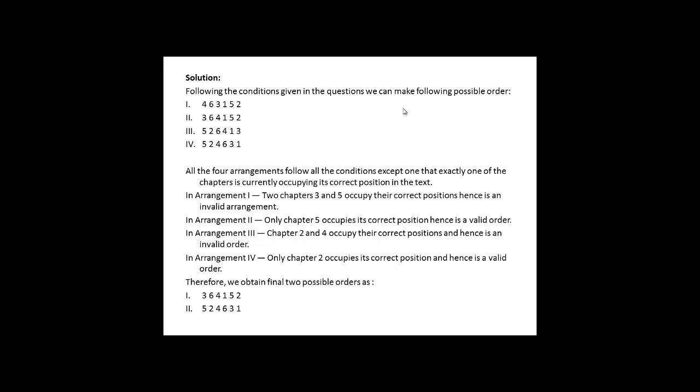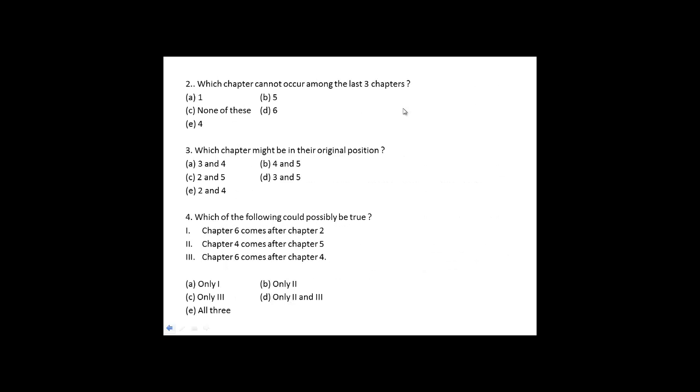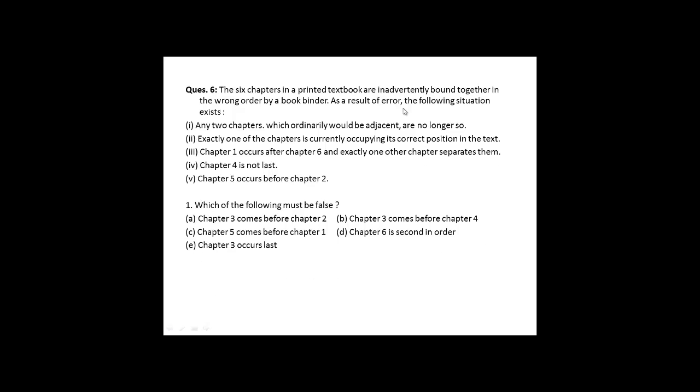So these are the two possible orders based on the conditions given to us. So our answers to the questions will be based on these two possible orders. Let's come to the first question. Which of the following must be false?